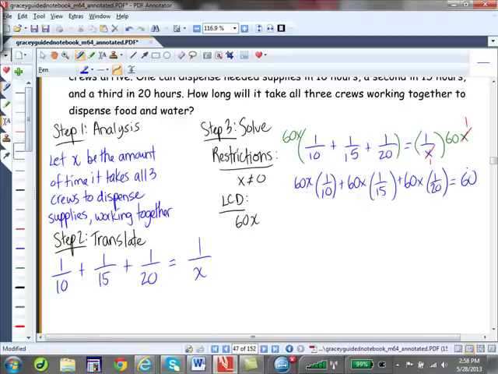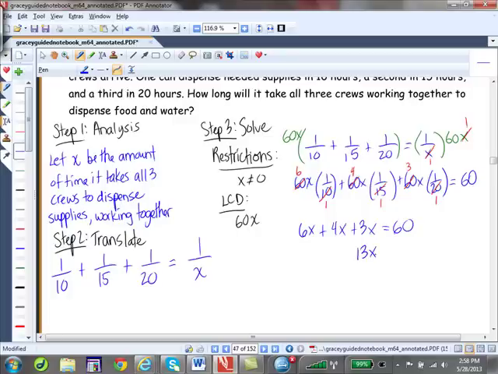Let's see what we can divide out over here. 10 goes into itself once and into 60 6 times. 15 goes into itself once and into 60 4 times. 20 goes into itself once and into 60 3 times. So we will have 6x plus 4x plus 3x is equal to 60.